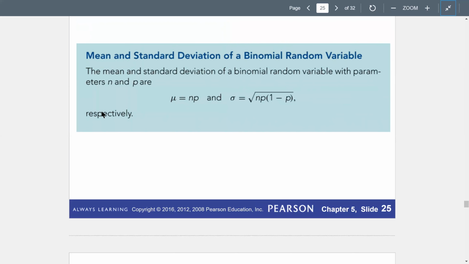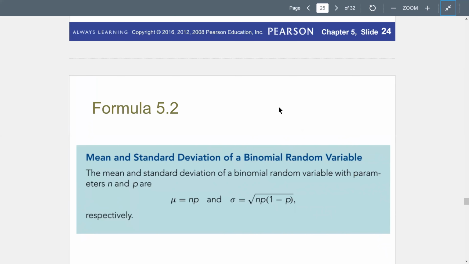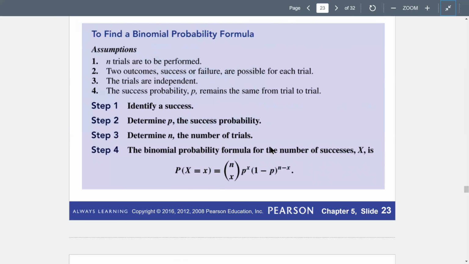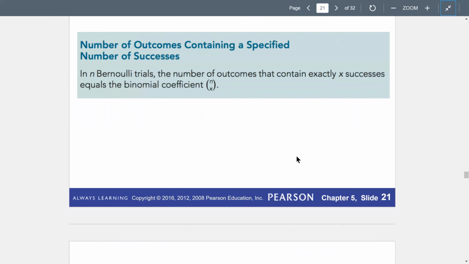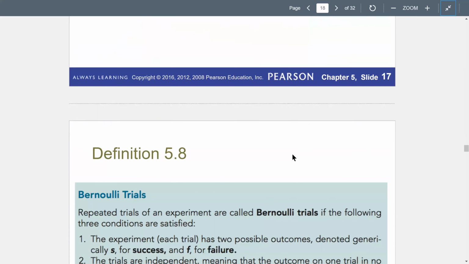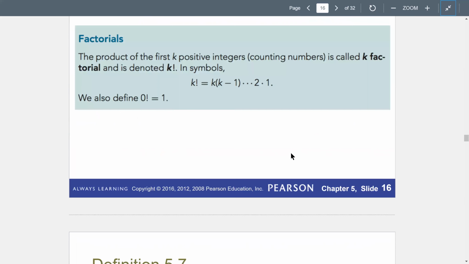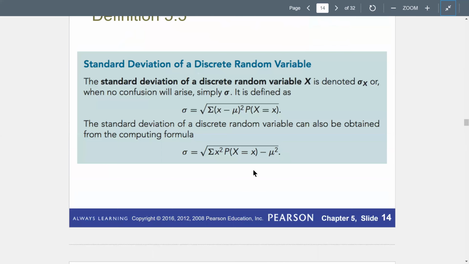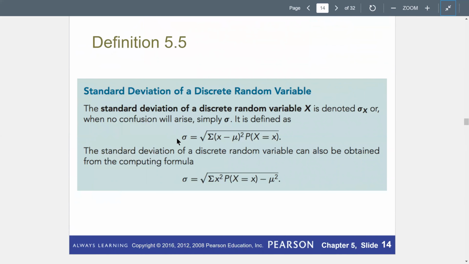These formulas can be derived by plugging this formula into this formula. How do I get the square root of npq as the standard deviation for the binomial distribution? I plug that P formula into here, then I can derive that formula.